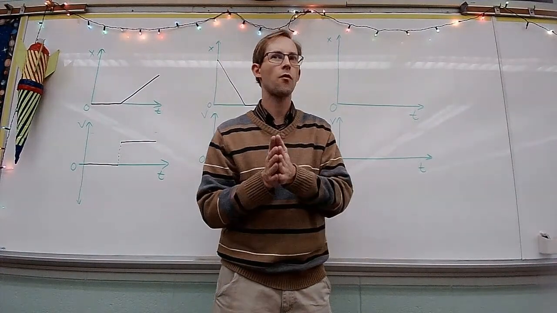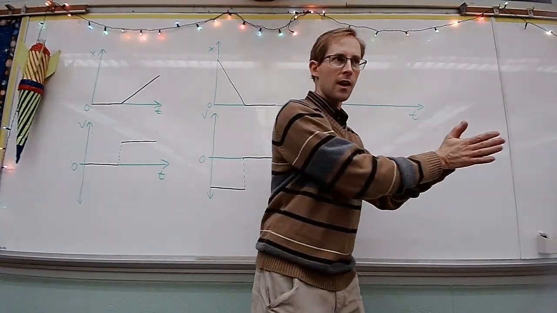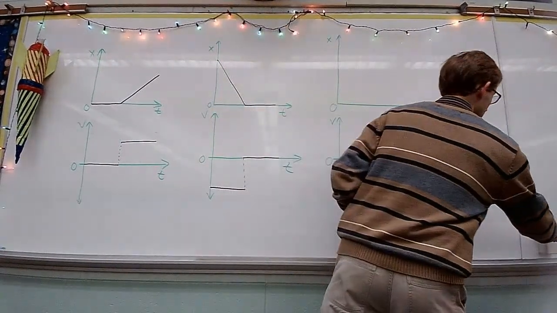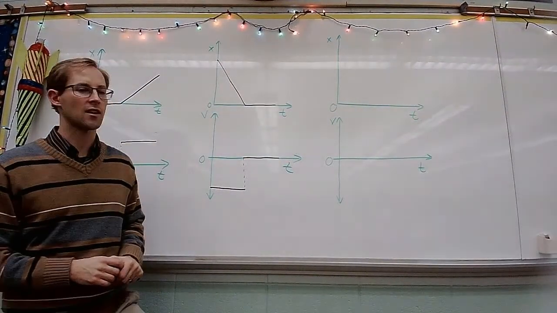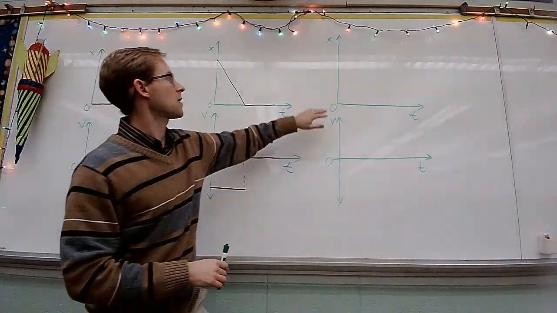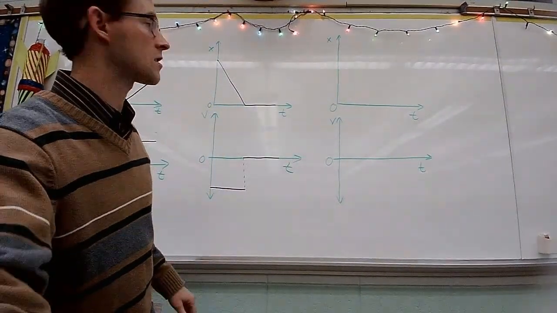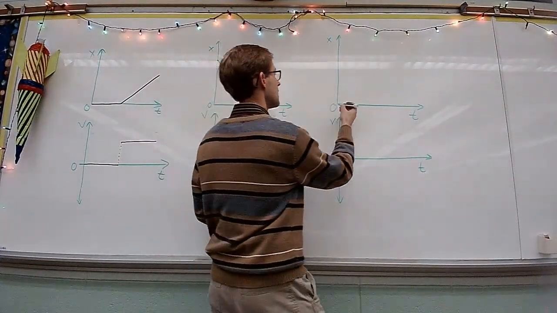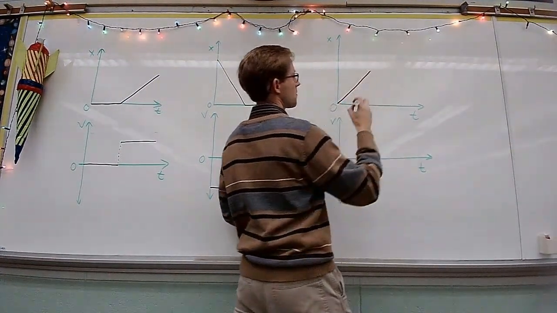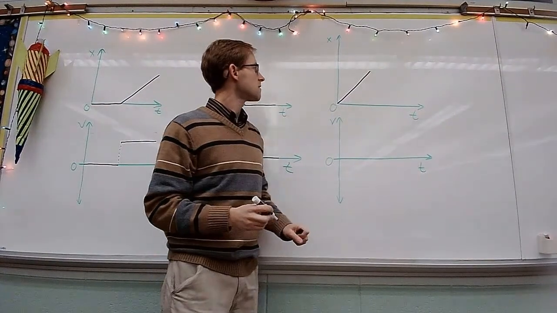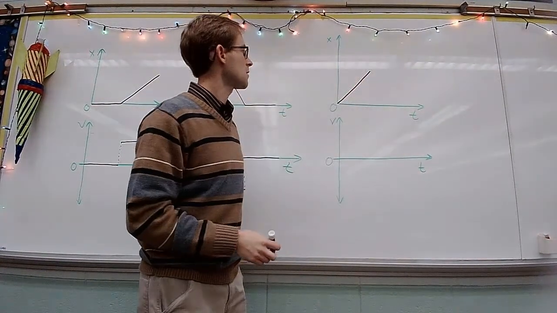A little bit different. So he started moving away with a certain speed, and that speed was a little bit slower compared to the second one. So when I'm going to draw this on a position versus time graph, the slope might be something like this. Kind of medium.